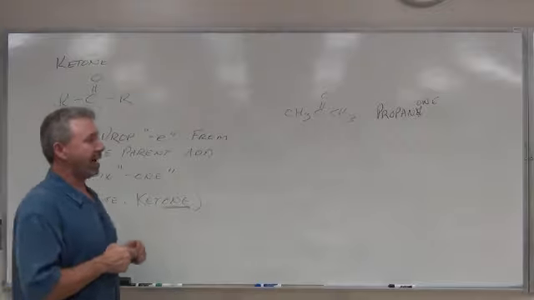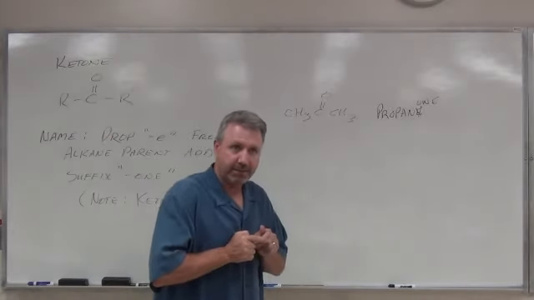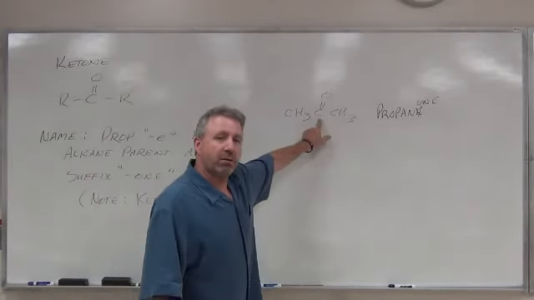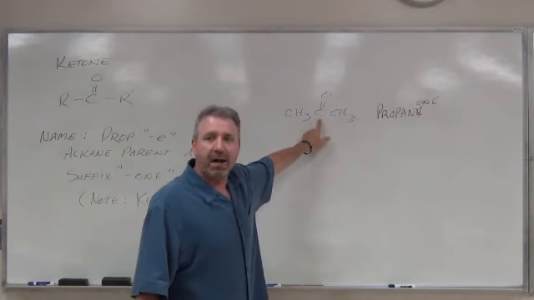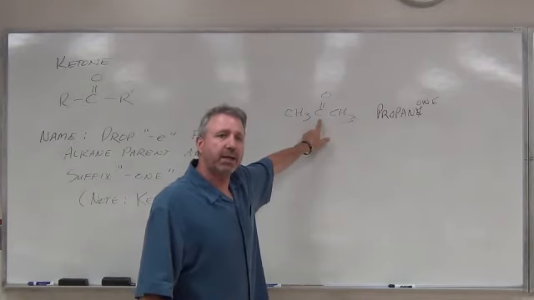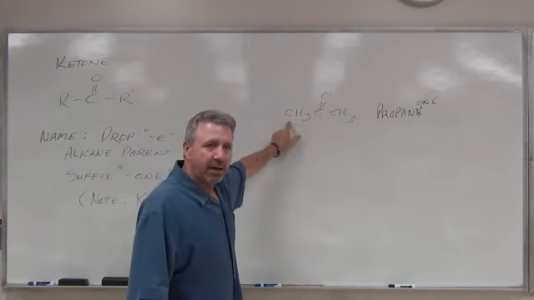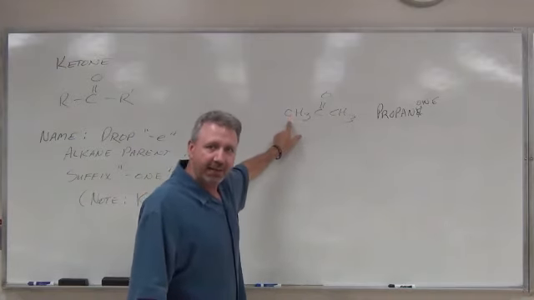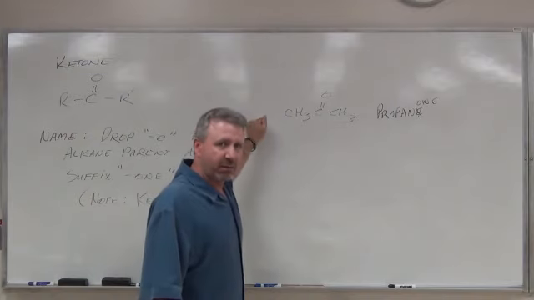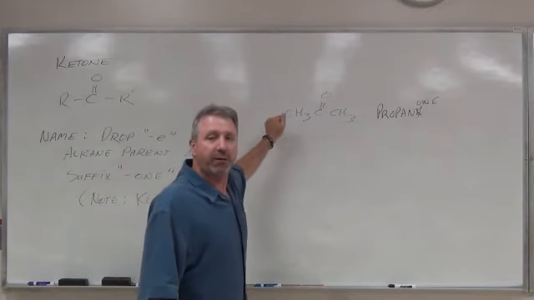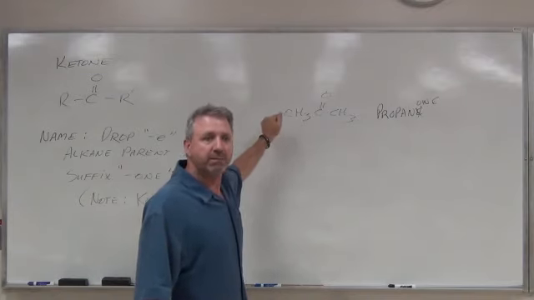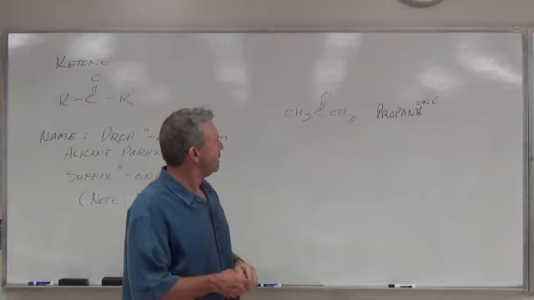Unlike the aldehydes, the carbonyl carbon cannot appear on an end carbon in a ketone class. You can't see this on the end. If it's on the end, that means that one side isn't bound to a carbon. Therefore, not ketone. Okay?